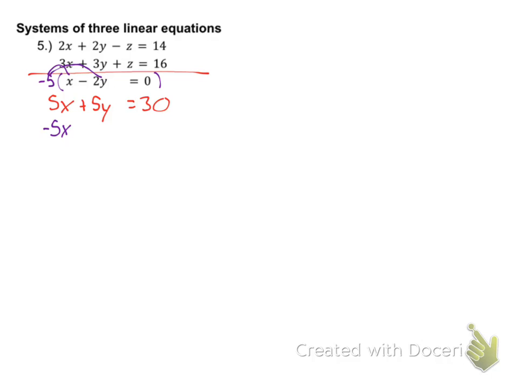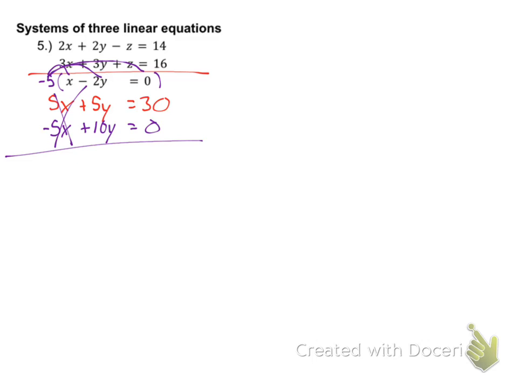Negative 5 times negative 2 is plus 10y. And negative 5 times 0 is 0. Add them up. What happens to the x's? They're gone. We engineered that to happen, didn't we?